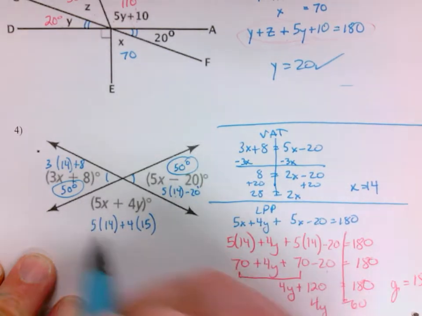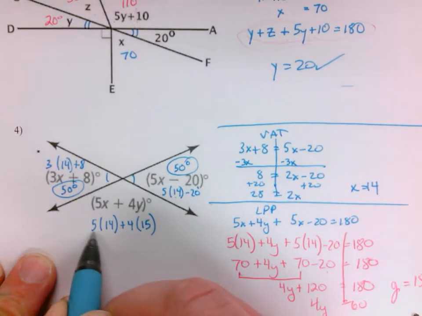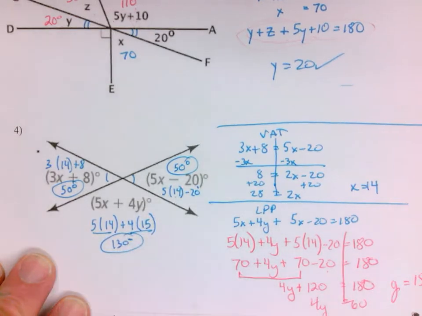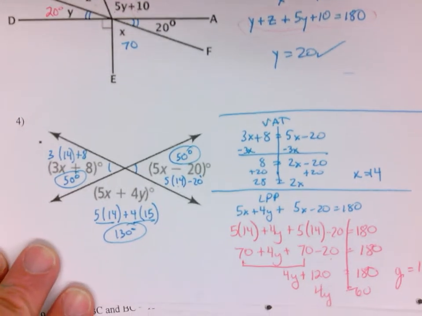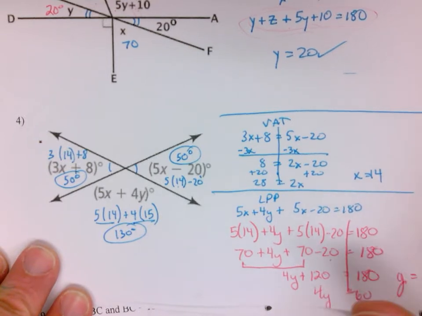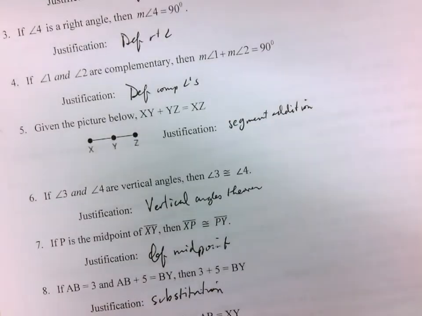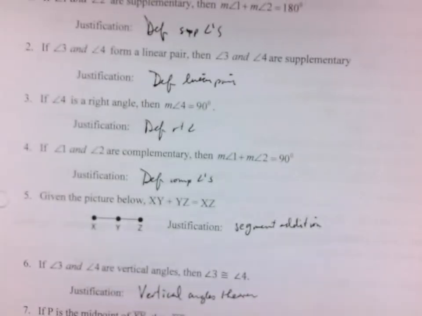And so I know this should be 130 here. Let's make sure 70 plus 60, 130. So plugging back in, you can find out any of those answers. And that's it for the equations. We'll talk about the proofs on another video.